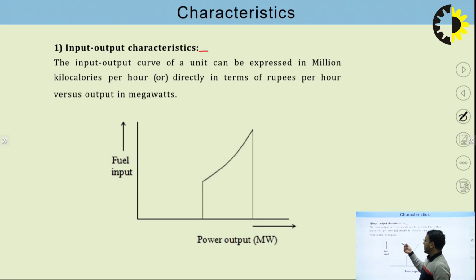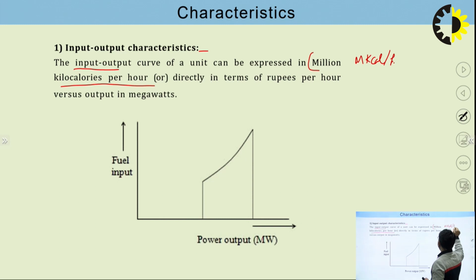So the input output curve can be drawn here. The input output curve of a unit can be expressed in million kilocalories per hour, which is basically the amount of heat produced in 1 hour.